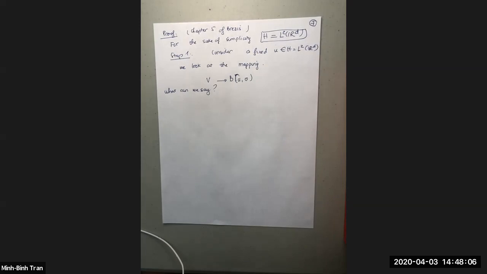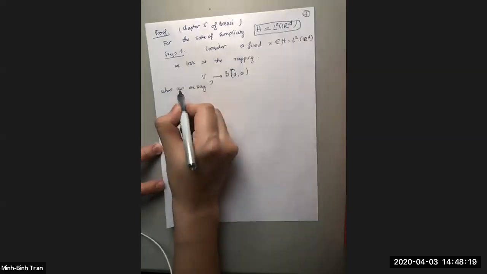So remember that B is bilinear. What is the mapping from v to B(u,v)? So B is bilinear, right?